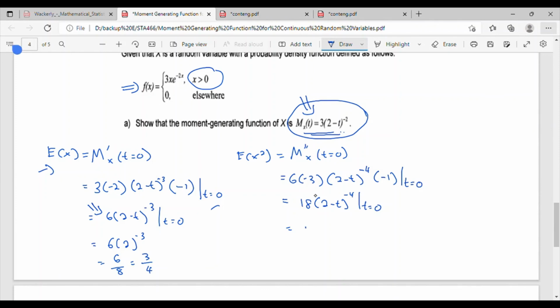So it will be 18 over 16. So the variance will be 18 over 16 minus (3 over 4) squared. So it will be 18 over 16 minus 9 over 16. So the answer will be 9 over 16. Okay, so this is the variance. This is the way to find the variance using the MGF.